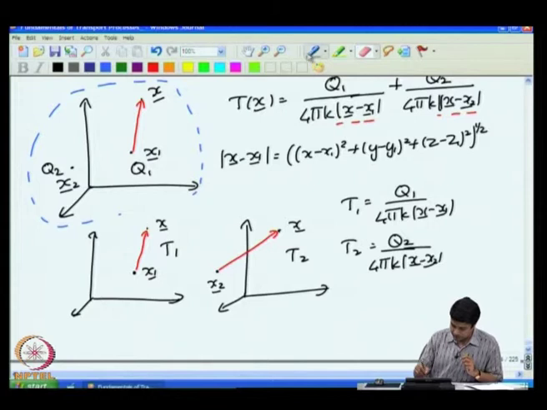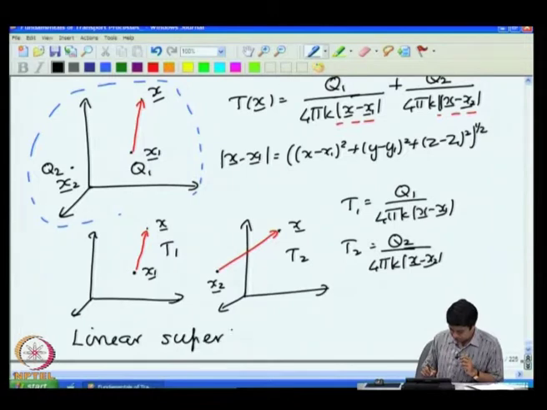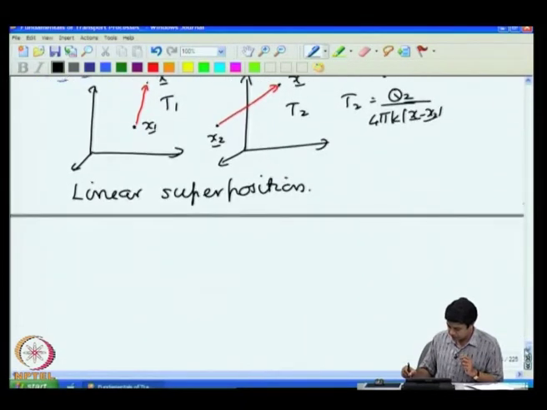This principle is called linear superposition, and this applies only for point sources. Okay.